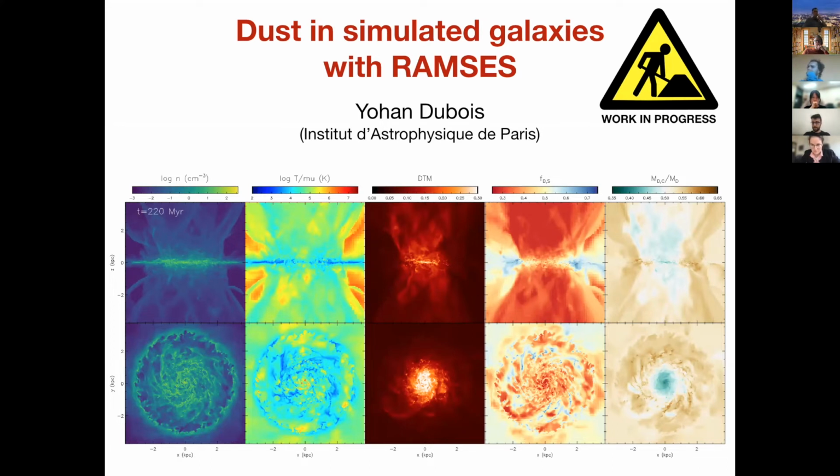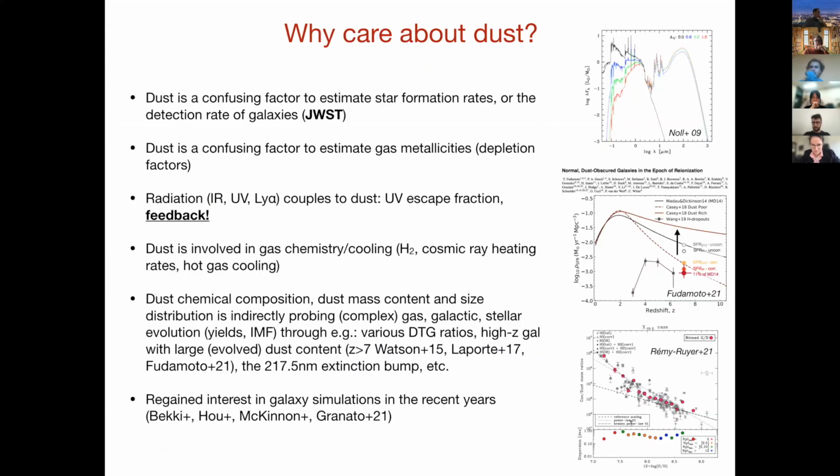for galaxy simulations. First of all, why should we care about dust? Dust is an important thing for many problems in galaxy formation. It is a problem for estimating star formation rate, especially in the UV, and also the detection rate of galaxies, especially in the context of JWST.